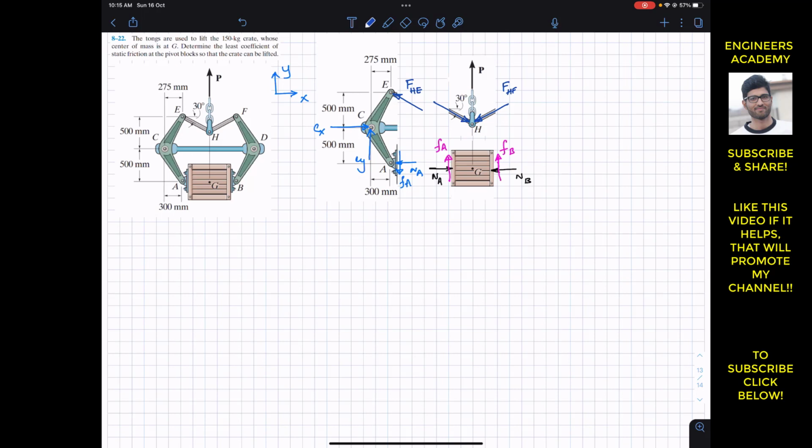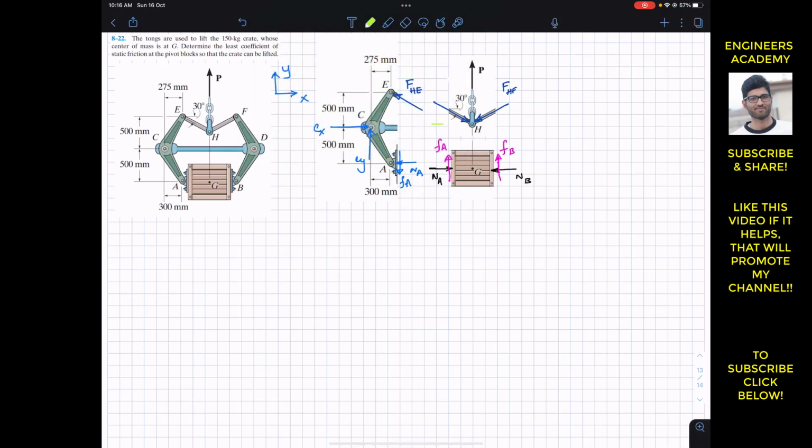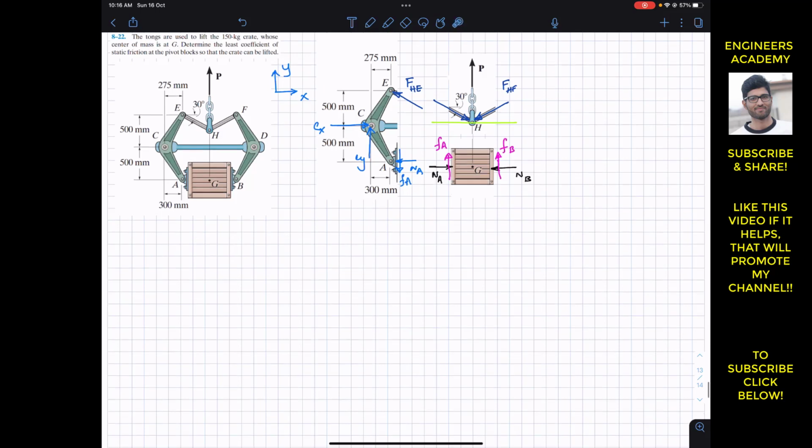So now we have considered all the forces, and if I draw a horizontal line here at point H, we have this angle equal to 30 degrees.